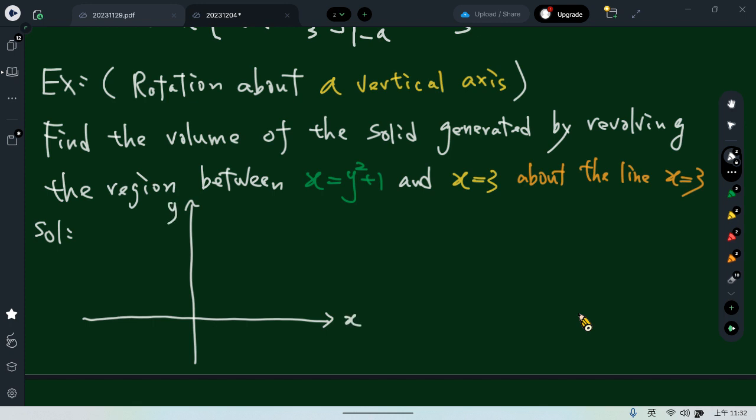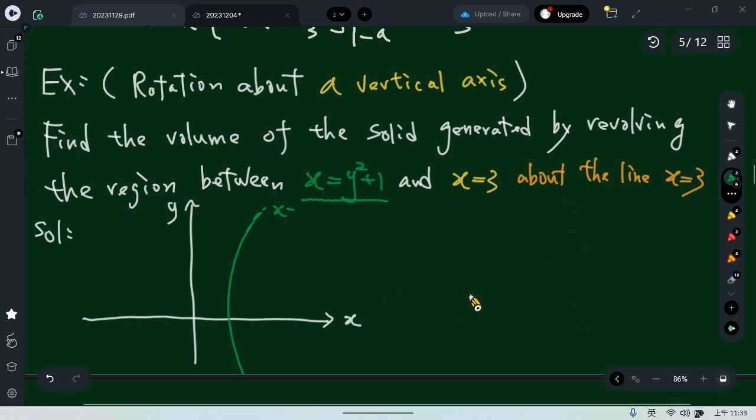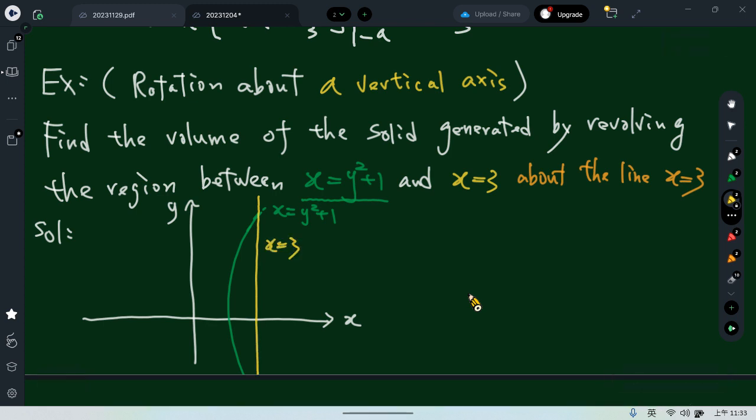This is s equals y squared plus 1, a parabola. It will just look like this. And then s equals 3.